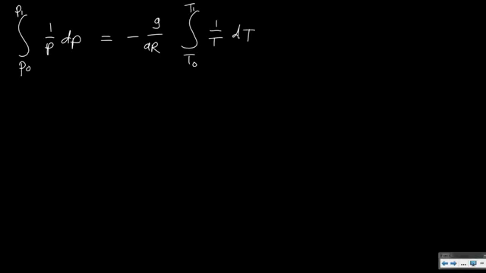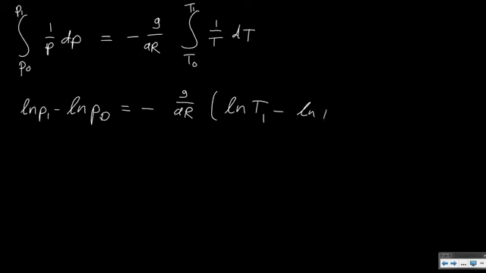On the left and right side we see the same integral, and the solution to the integral of 1 over p is the natural logarithm of p, which means we can write this integral as the natural logarithm of p1 minus the natural logarithm of p0 is the same as g divided by AR times, again, the natural logarithm, but now for temperature.